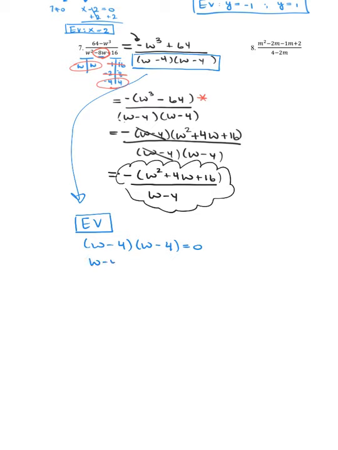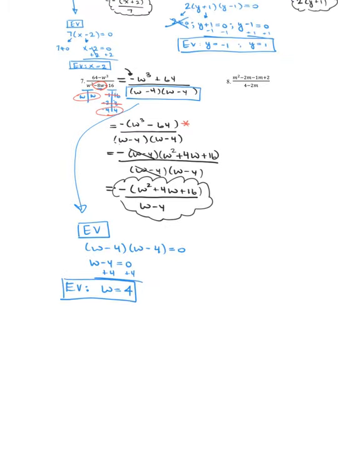So if I set them both equal to 0, I'm just going to get the same answer each time. So I'm just going to solve for 1. And so then my excluded value is w is equal to 4, right? Meaning w can't be 4. We're excluding that value. Okay. Because if it were, then I would get a 0 in the denominator, right? Undefined.